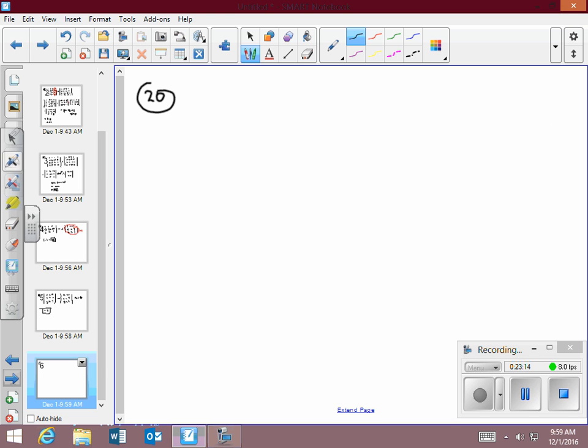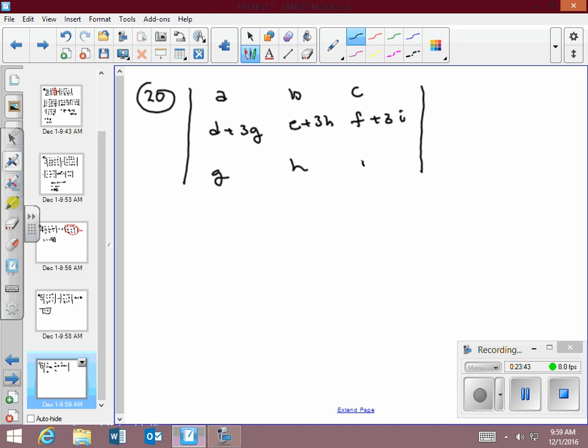20. This is A, B plus 3G, E plus 3H, F plus 3I, and G, H, I. And then theorem 3A says if a multiple of one row of A is added to another row to produce the matrix B, then the determinants are the same.